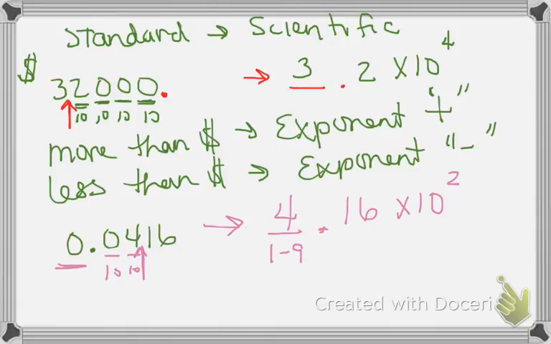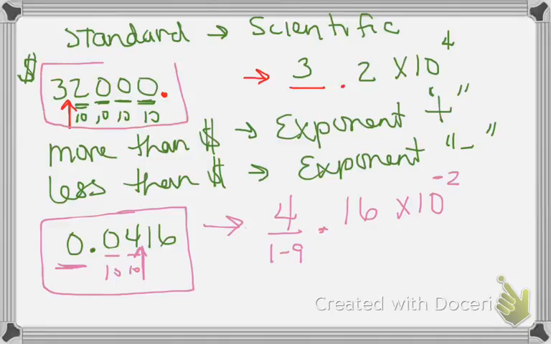Remember, our value is less than $1. So we're going to make the exponent negative. Whenever you see a standard number where there's no ones place value, otherwise it's a 0, it's going to be a negative exponent. Whenever the standard number is more than $1, then you know it's going to be a positive exponent. And this would be a positive exponent.